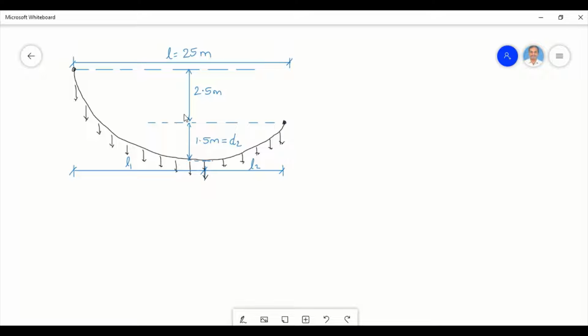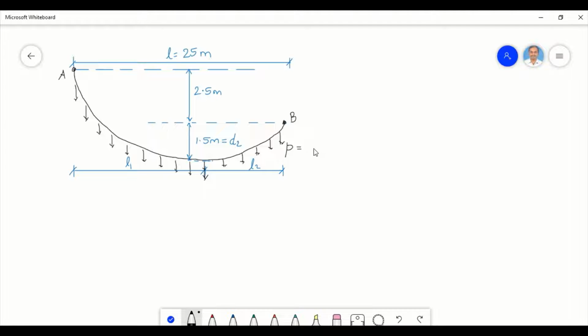Now let us consider a suspension cable. It is supported at 2 points. Let us call these points A and B, which are 25 meters apart. So the horizontal distance between A and B is 25 meters. The left support A is 2.5 meters above the right support, and the cable is loaded with a uniformly distributed load of 10 kilonewton per meter.